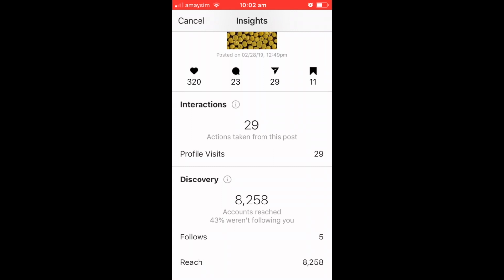I'm suspecting that it values the other types of interactions substantially more. If you're only looking at your likes as a measure of how well a post is doing, you could be led astray because that's not how Instagram's algorithm is determining what it thinks a good post is.